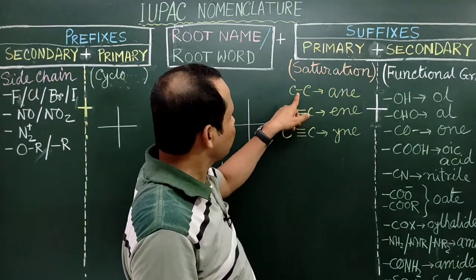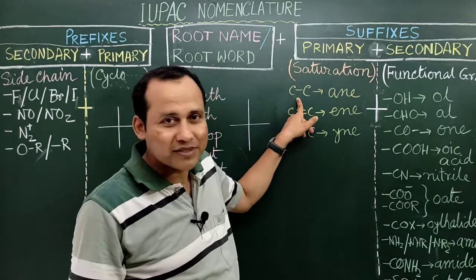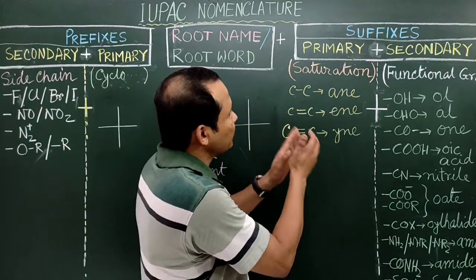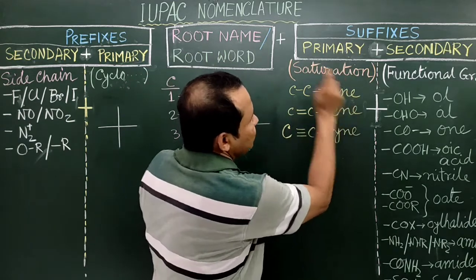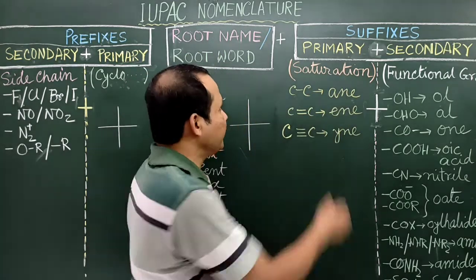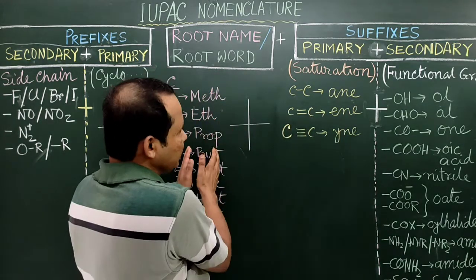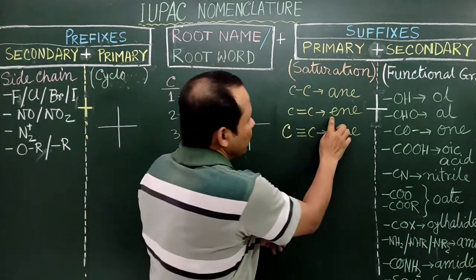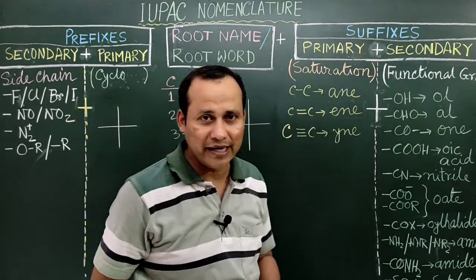Like this, if all carbon-carbon single bonds are there, then the compound will be saturated. So for that, after the root word, ANE will be added. And if a carbon-carbon double bond is there, then after the root word ENE will be there, and for a triple bond, YNE will be there.